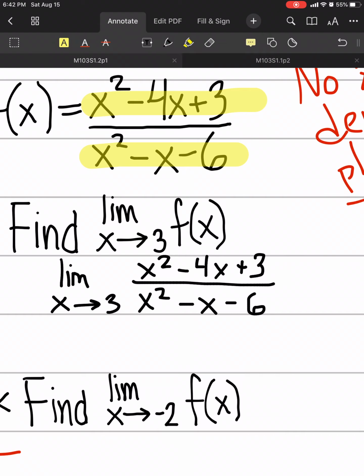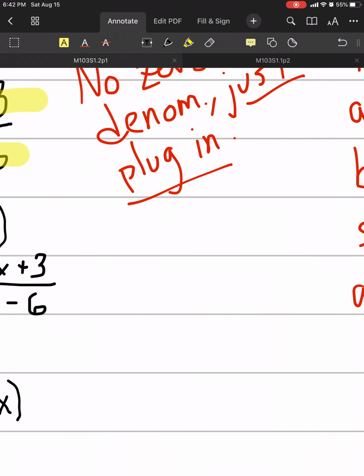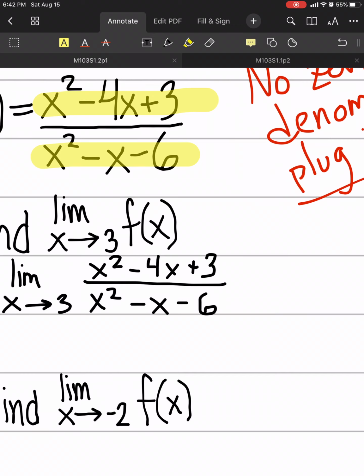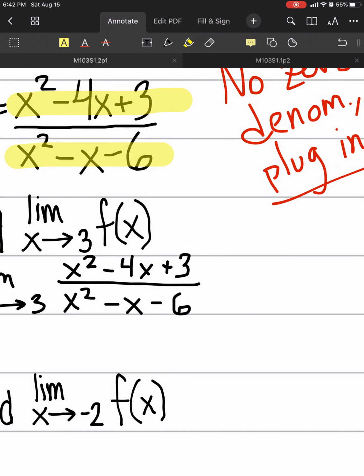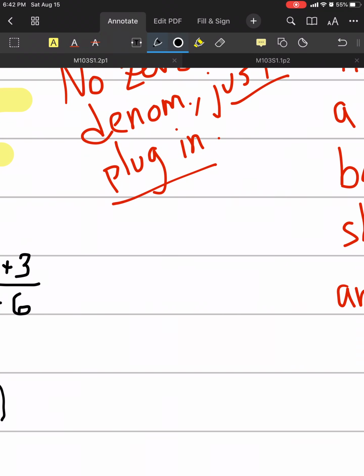So the first thing we might do here is just try plugging in. Now, there's no guarantee plugging in will work. If it does, if you get a value for a function like this, it's going to be the limit. If it gives you 0 over 0, then you're going to have to work on something else.